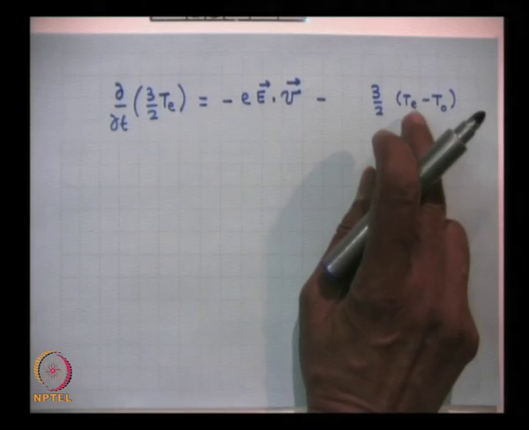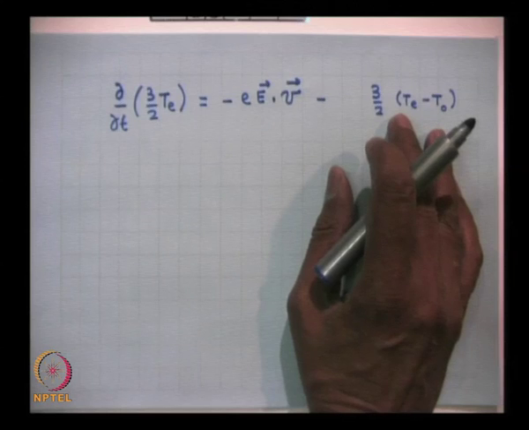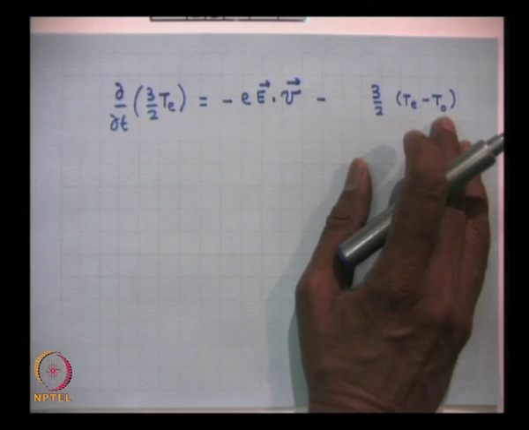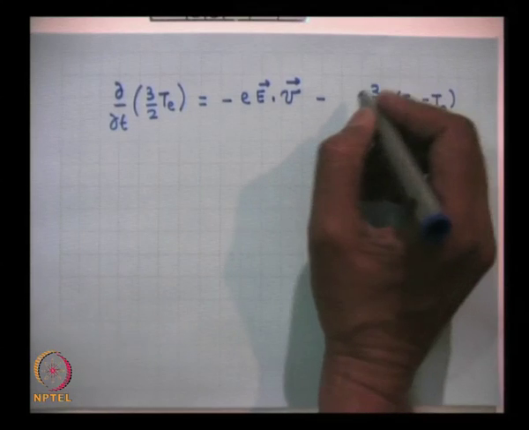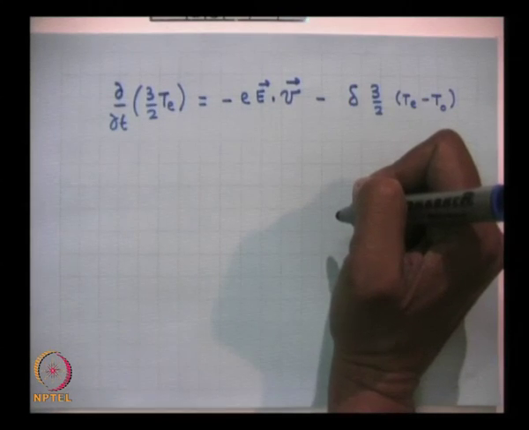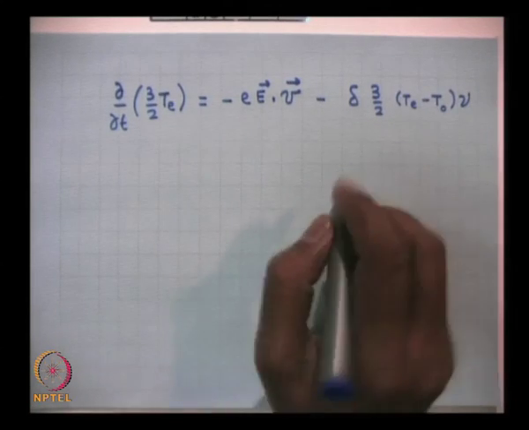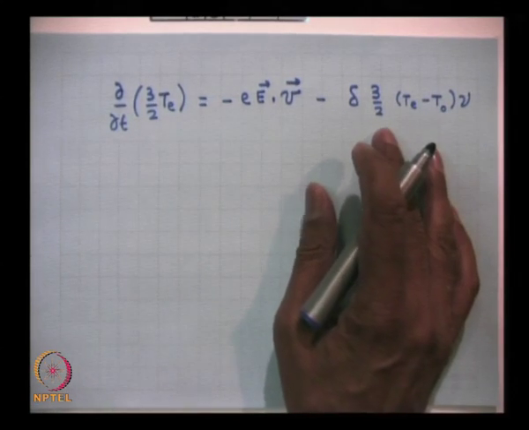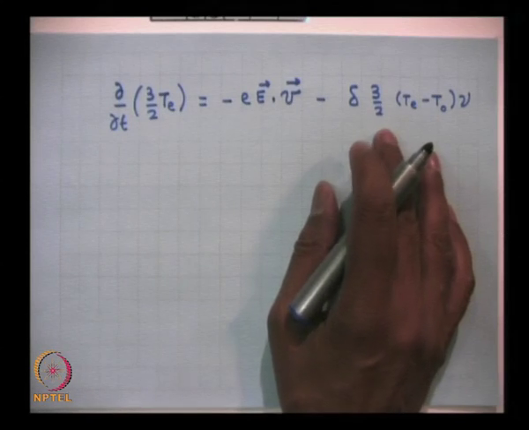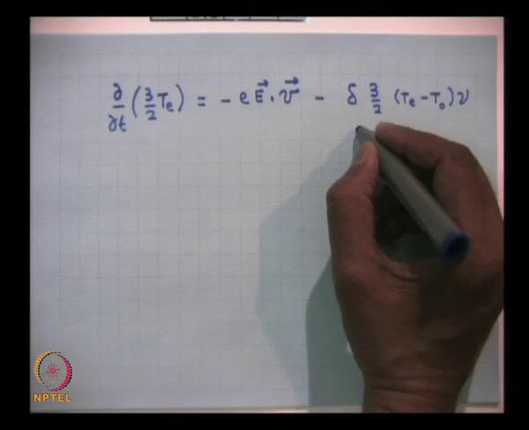But when this difference increases, this is called the excess energy of the electron over the equilibrium value, and in each collision a fraction delta of energy is lost. If there are nu collisions per second, then nu times this quantity is the energy lost per second. So, electrons are gaining energy from the electric field, and this is called the energy loss rate.